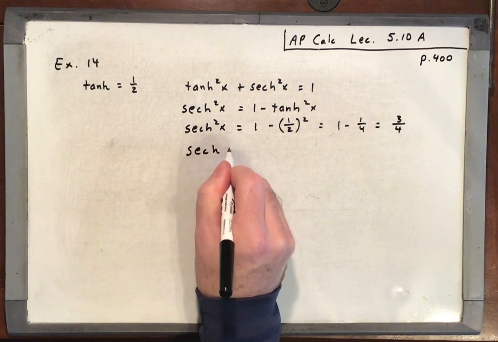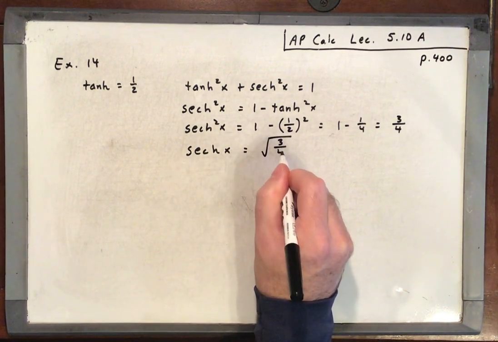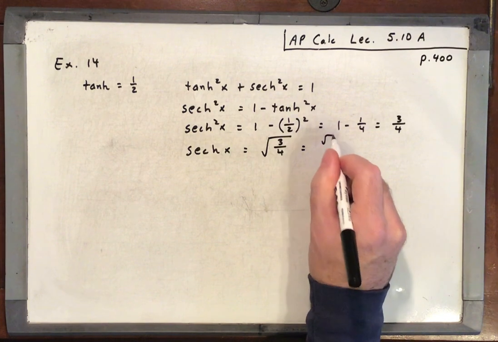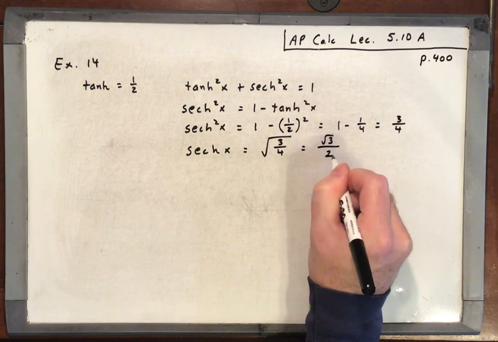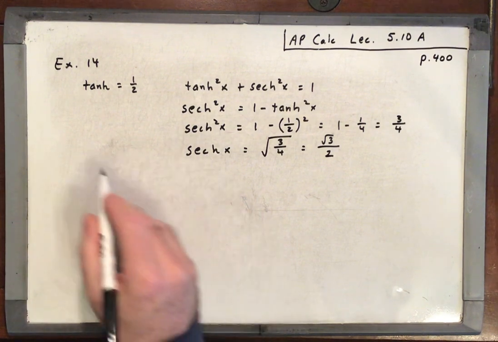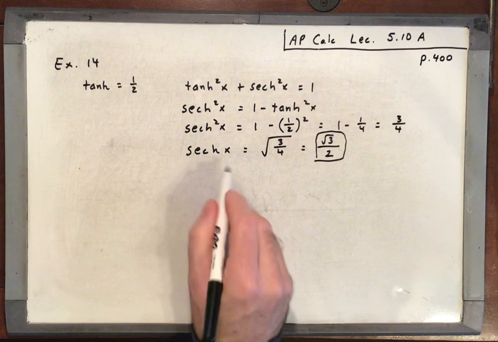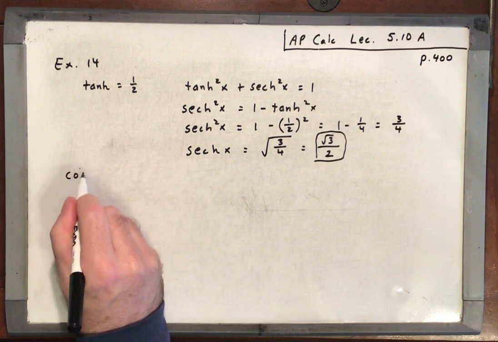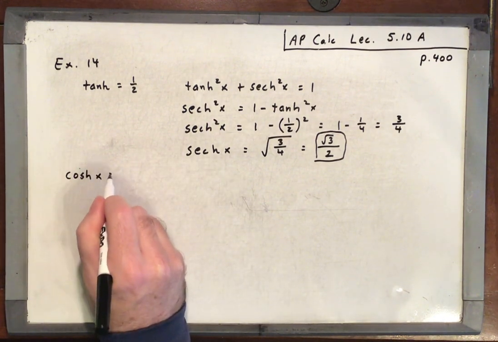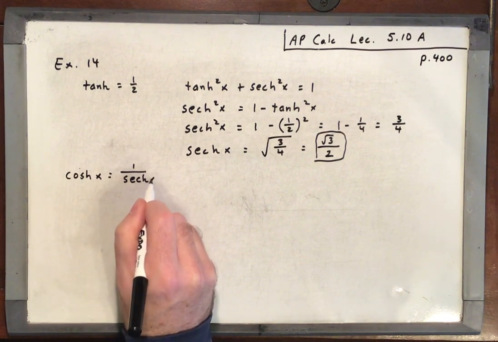To get hyperbolic secant, we would just take the square root of 3/4, which is going to be the square root of 3 over 2. Now that's our first one, and we'll circle that. The rest of them are going to come pretty quick. Hyperbolic cosine is 1 over hyperbolic secant.